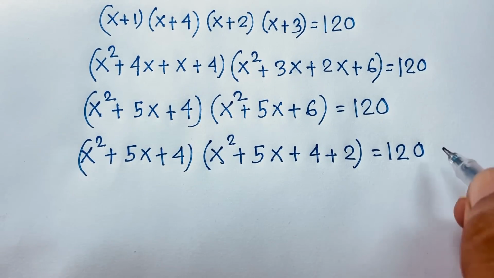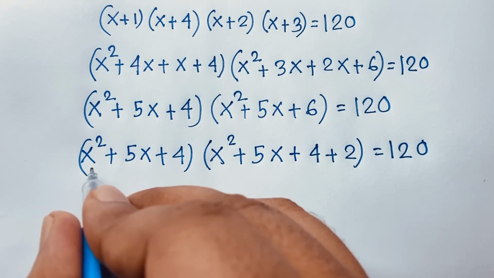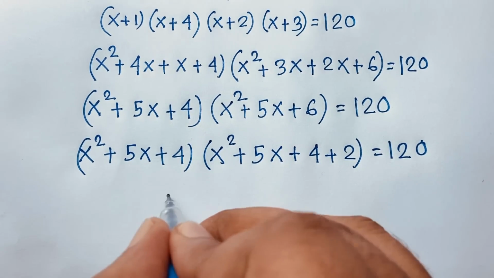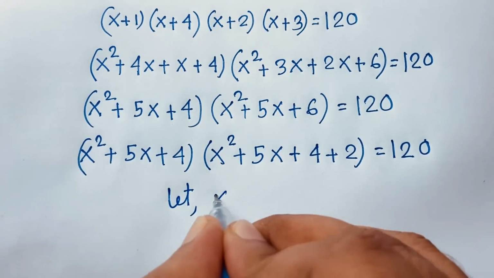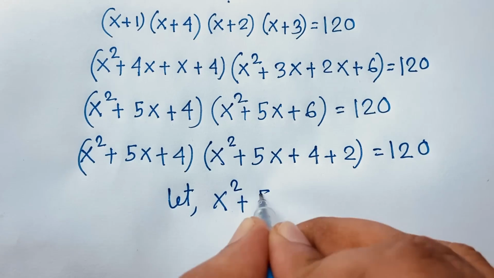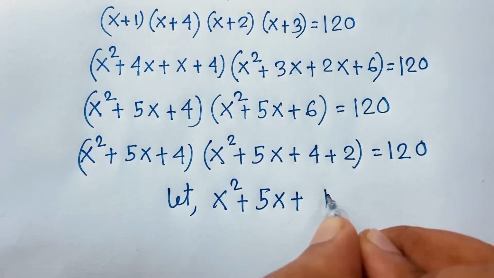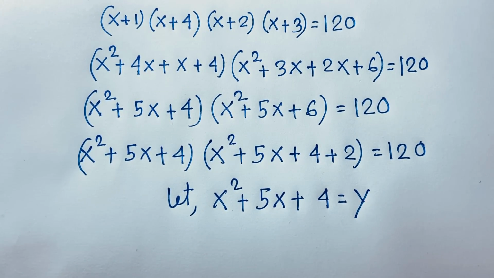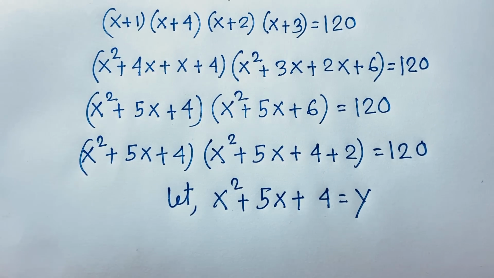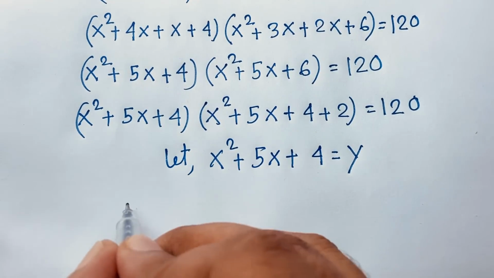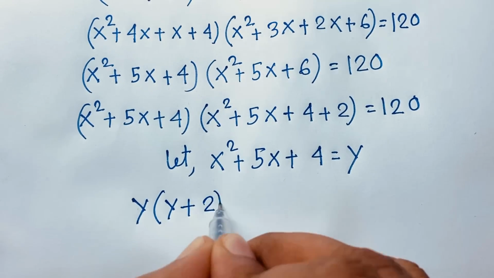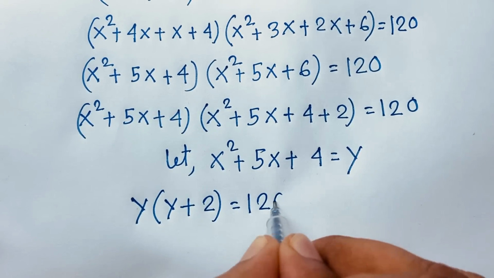Now both are the same, x squared plus 5x plus 4. So let x squared plus 5x plus 4 be y. If I put this below, you can see the equation: y times y plus 2 is equal to 120.